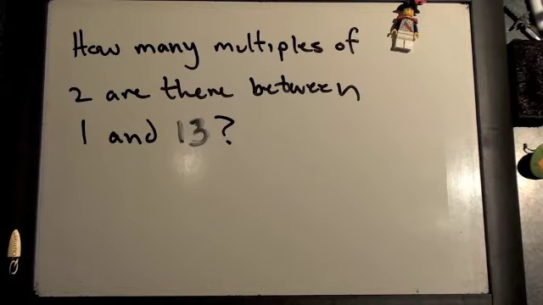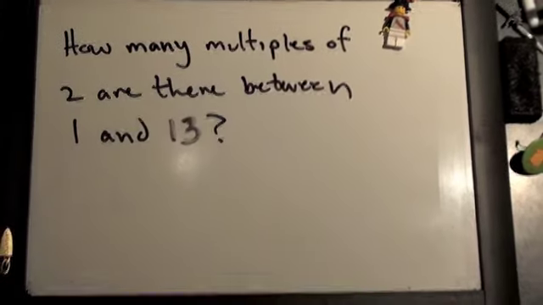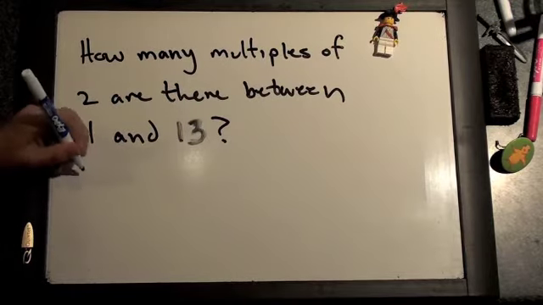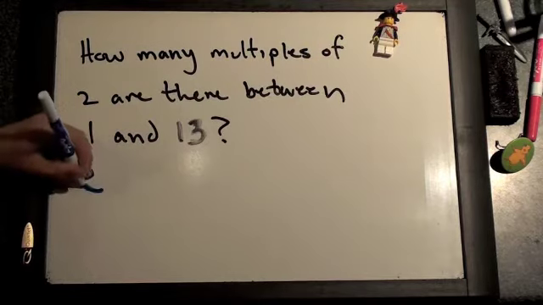So go ahead. Tell me how you're going to think about this problem. Well, our last one is 12, and our first one is 2. So one of them is 2.